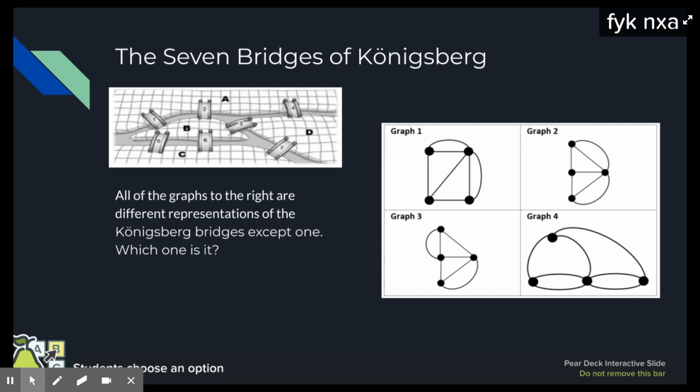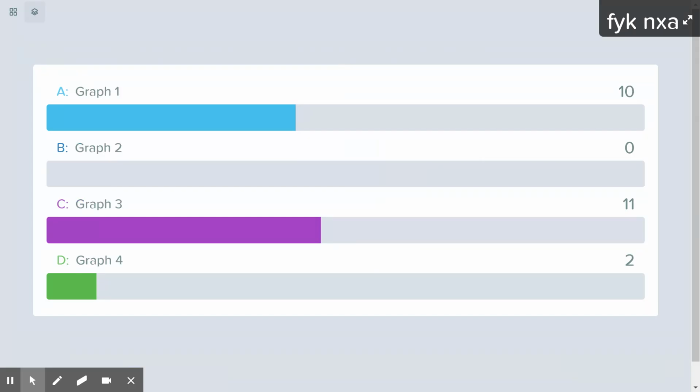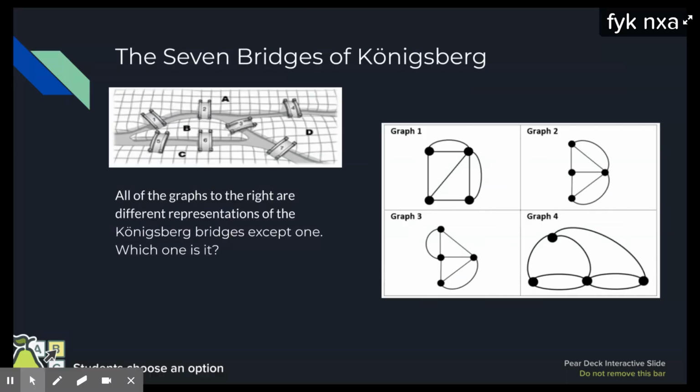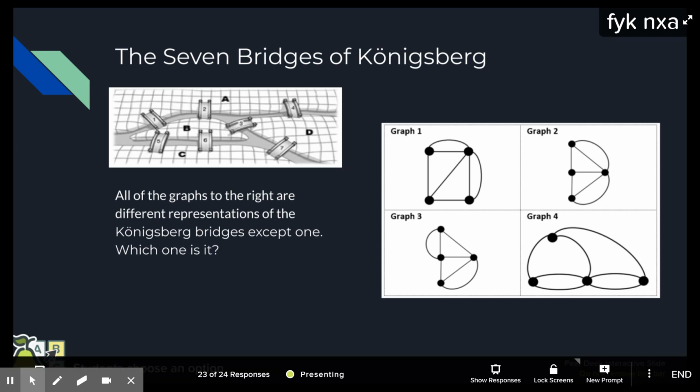All right, let's see how we did here. Whoa, we're split between graph one and graph three. More people picked graph three by one person. So let's take a look at this. Does each of these graphs have a vertex that has a degree of 5? Graph one does.